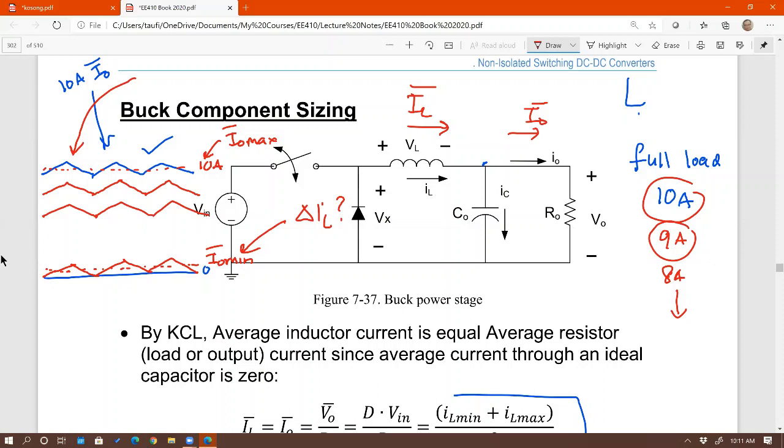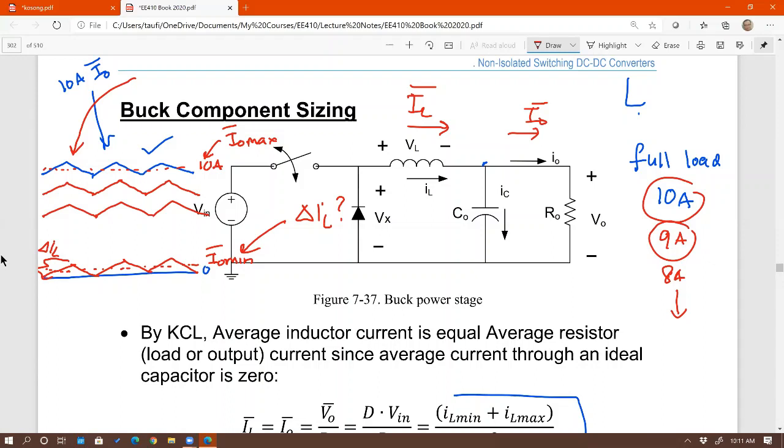No. How do you relate I out min average to delta IL? Is it equal to delta IL? No, they're not equal. Delta IL is right here. Oh, it's delta IL over 2. That's correct. It's delta IL over 2.